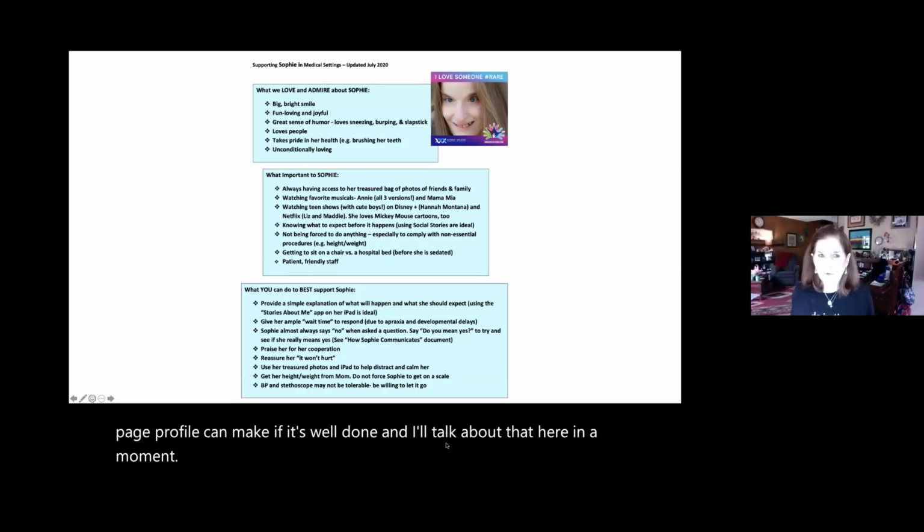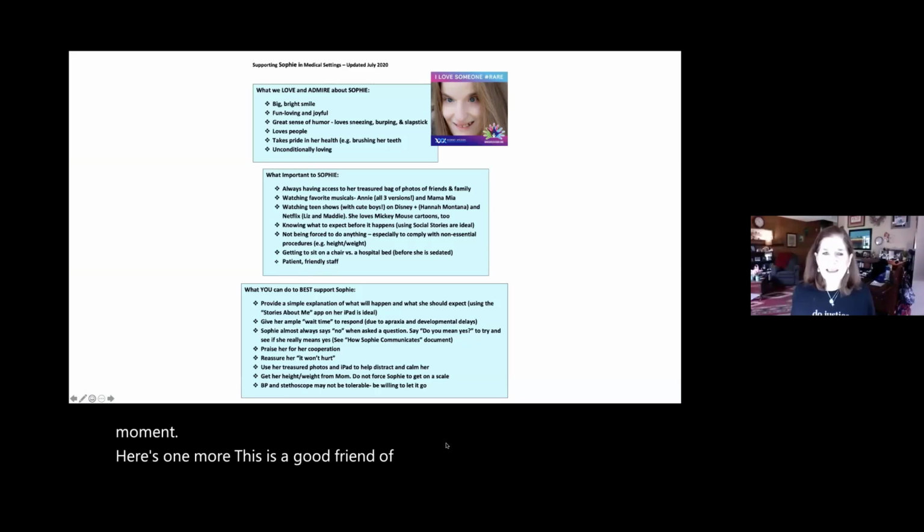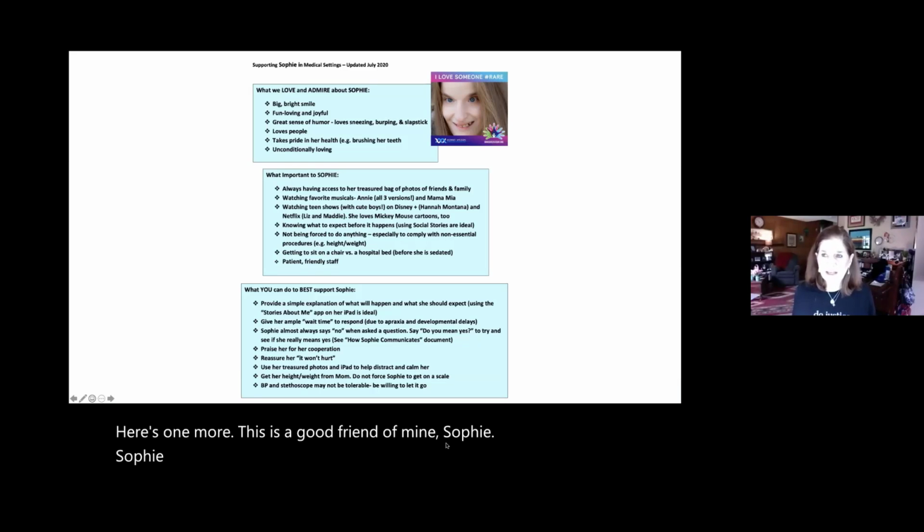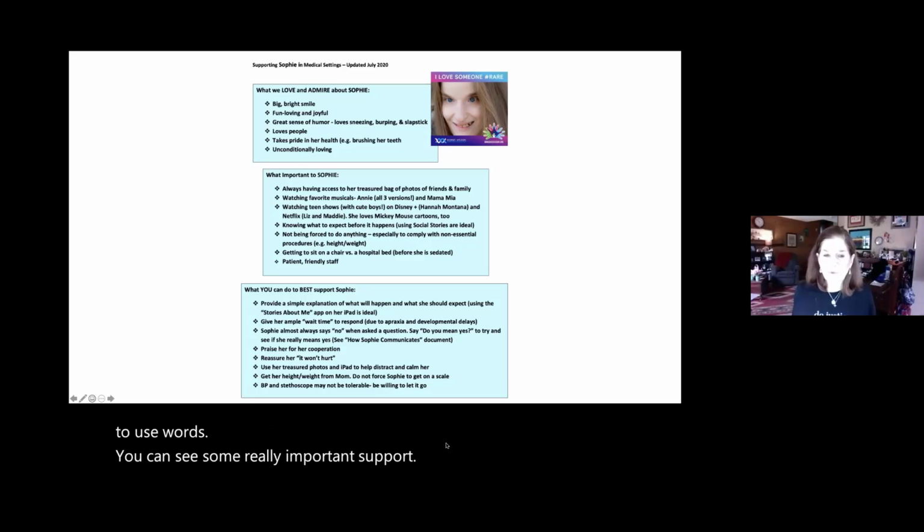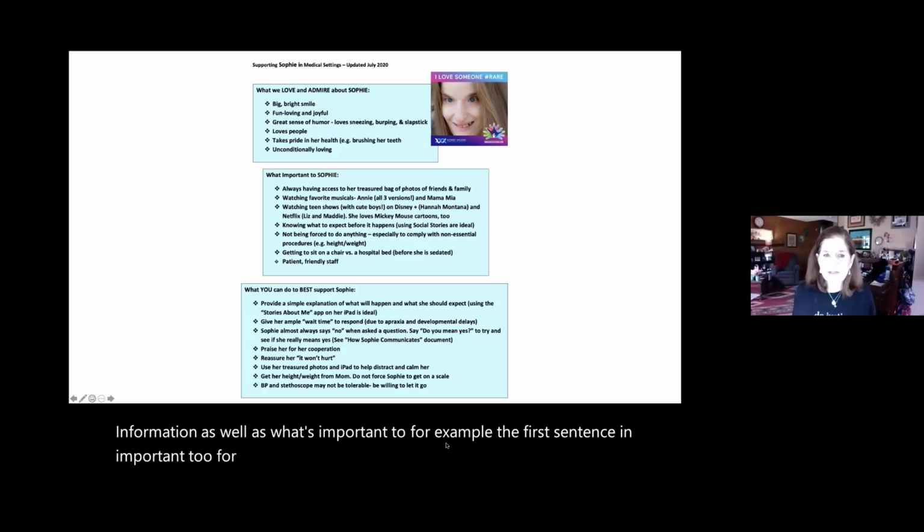Here's one more. This is a good friend of mine, Sophie. Sophie has some pretty unique genetic differences, including an inability to use words. And you can see some really important support information, as well as what's important to her. For example, the first sentence in important to Sophie is always having access to her treasured bag of photos of friends and family.